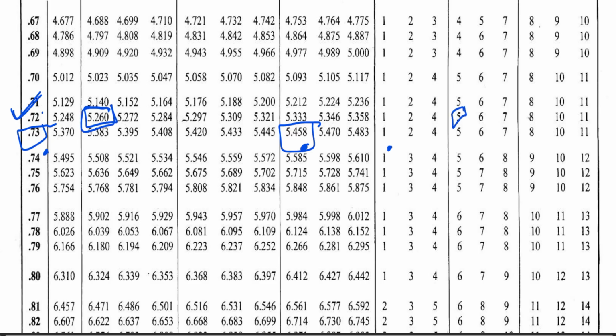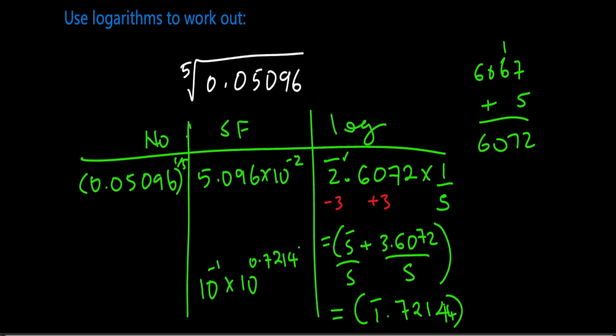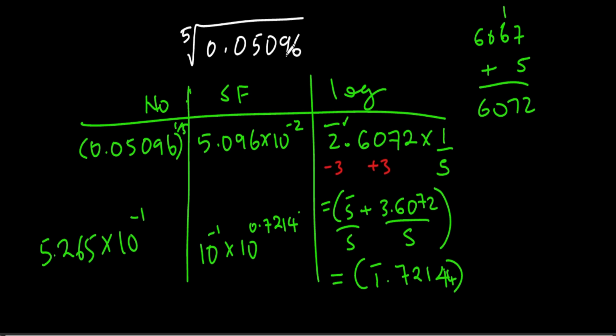So we're supposed to take 5.260 add 5, which is going to give you 5.265. So 5.265 times 10 to the power negative 1, and your final answer is going to be 0.526. Now let's head to the last question to take.